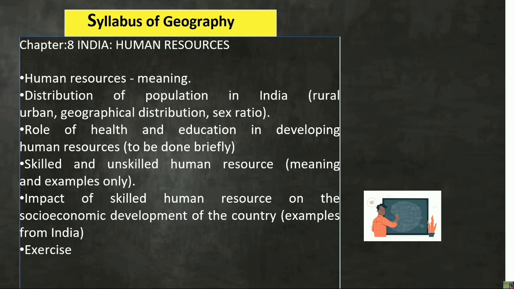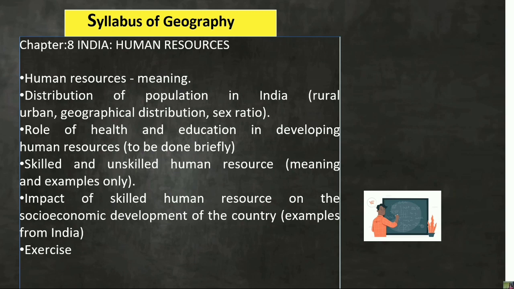Chapter 8 is the discussion of Indian human resources. So we will learn about the meaning of human resources, the distribution of population in India, such as rural and urban, and also we will know about the concept of sex ratio.